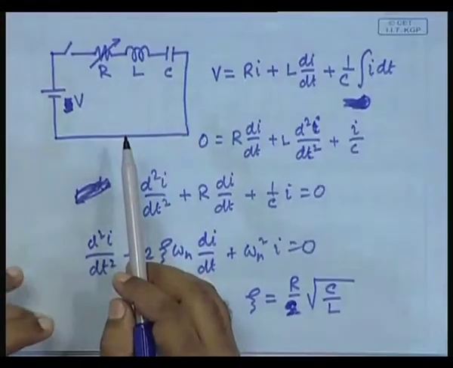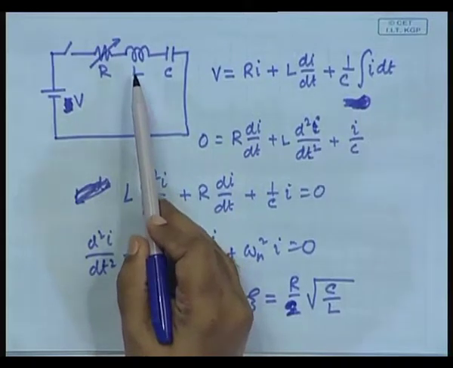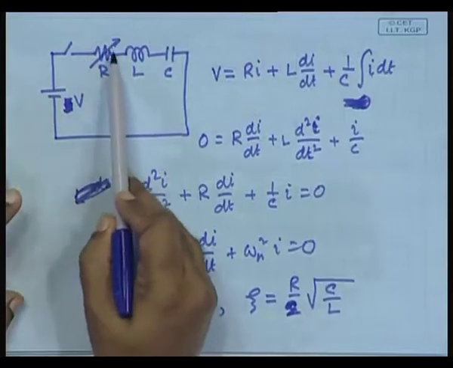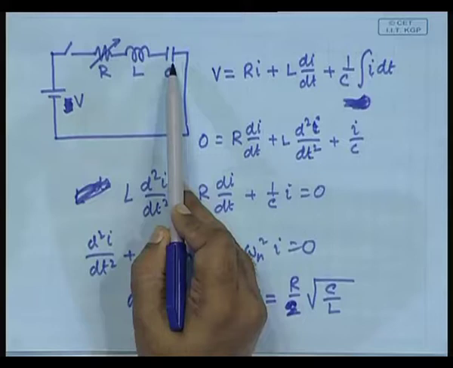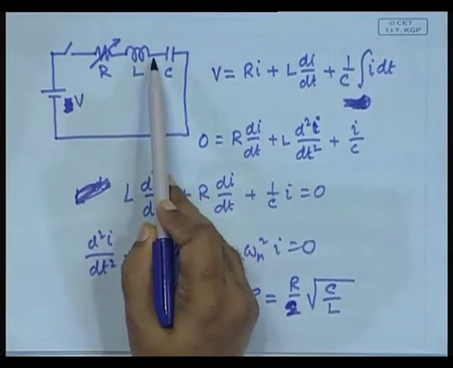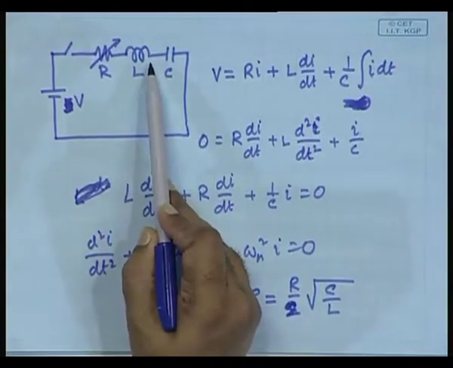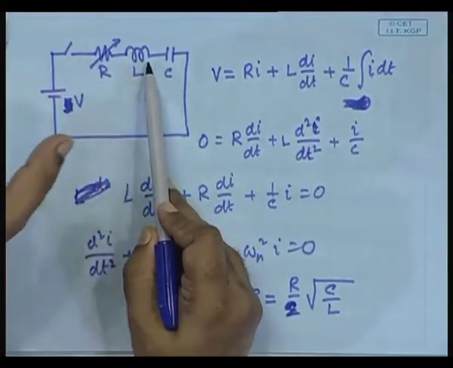Okay, starts from where? Initially the current is 0, therefore the voltage across the resistor is 0. The capacitor voltage is 0 because there is no charge in it. So, it will start with V. So, L di/dt is V. So, di/dt is V by L.